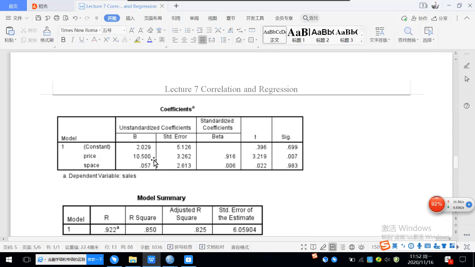We can see that the constant is 2.029. The coefficient of price is 10.5, and the space is 0.057, right?